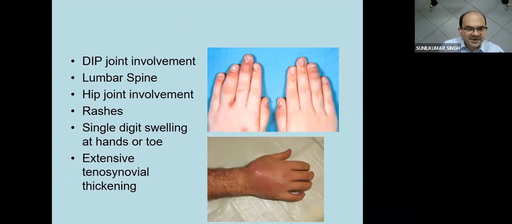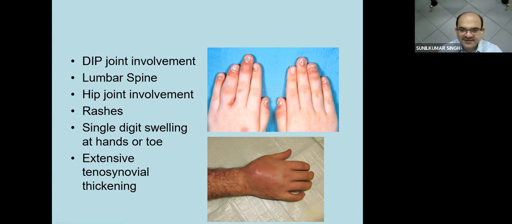And again, revisiting what is not rheumatoid. So you look at the nails here, you look at the single fusiform swelling of the finger. This is not seen in rheumatoid, so this is classical for psoriatic arthritis. You look at this kind of diffuse swelling over the forearm, tenosynovial involvement.